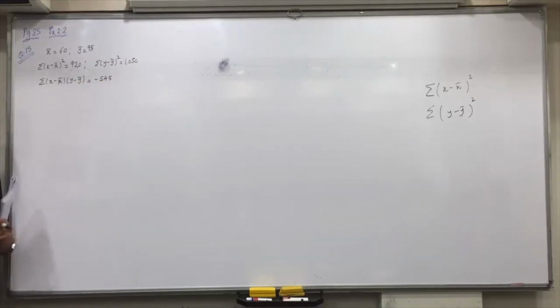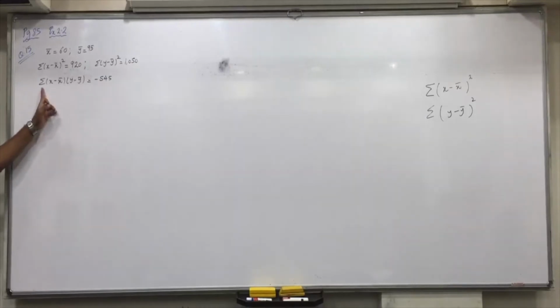So this is an objective question. Direct formula is to be applied. Sum means sigma, product means multiplication, and deviation taken from means x minus x bar and y minus y bar. Still, anyone not clear with the language of this question, raise your hand. All have understood the language? So direct formula is to be used.